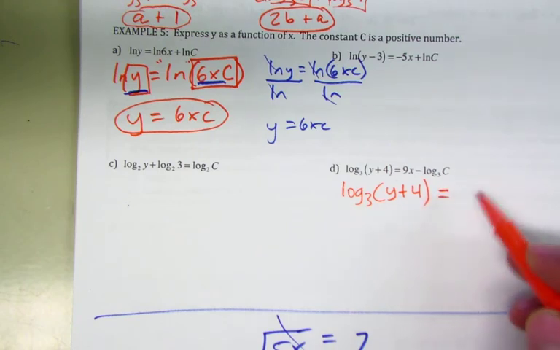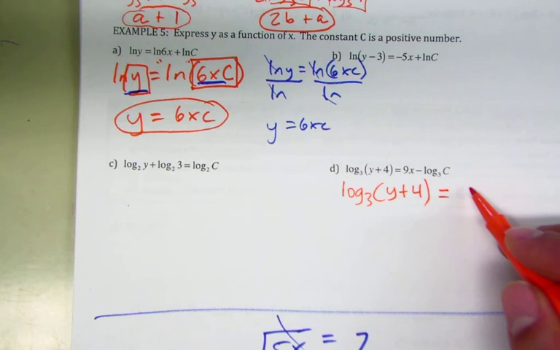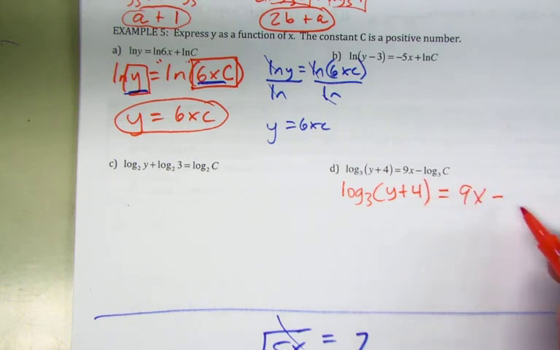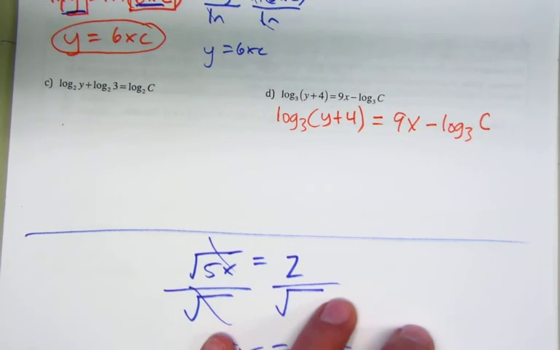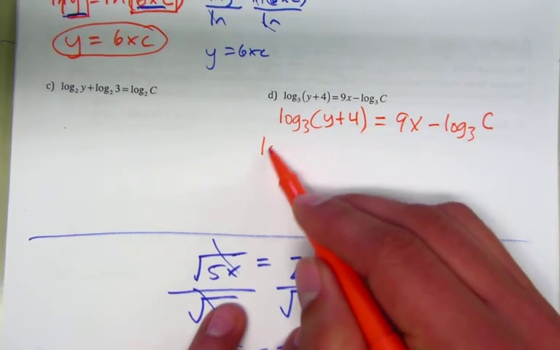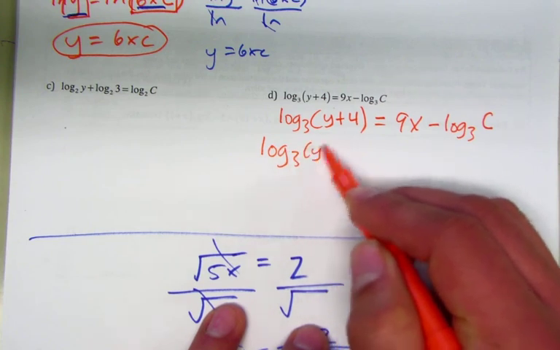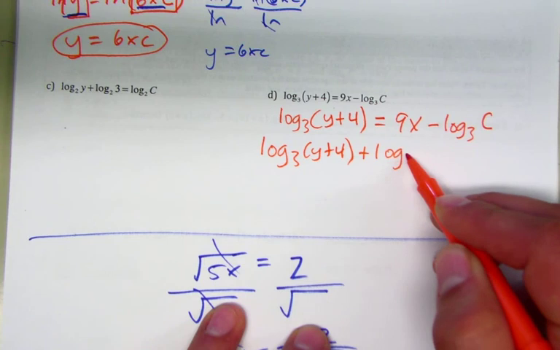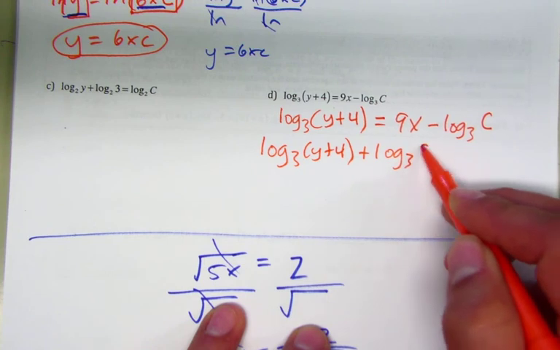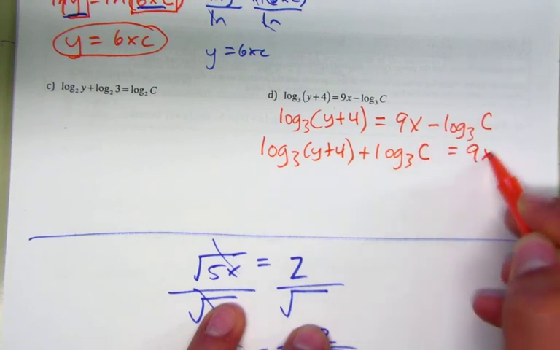But over here, we have 9x minus log base 3 of c. Could you move the log to the other side? So if I move the log to the other side, that's a great idea. Plus log base 3 of c equals 9x.